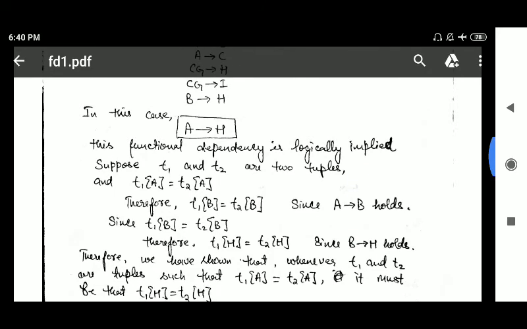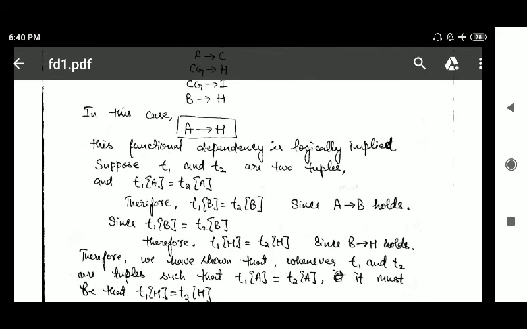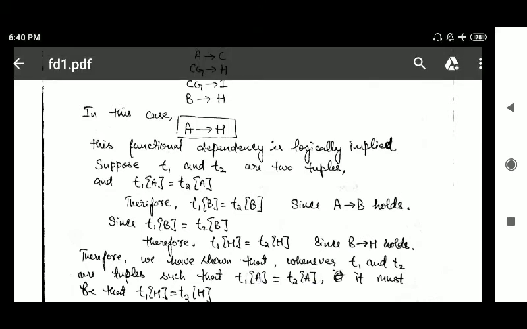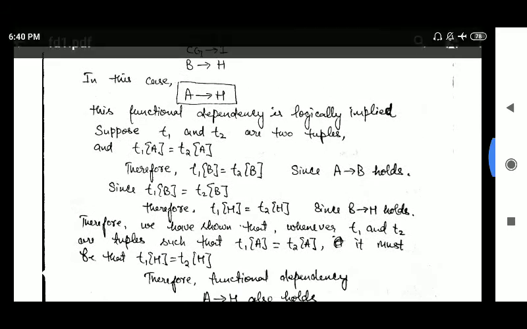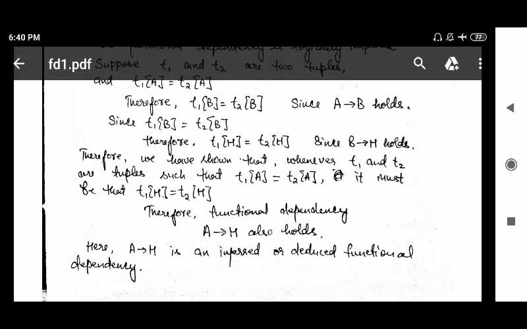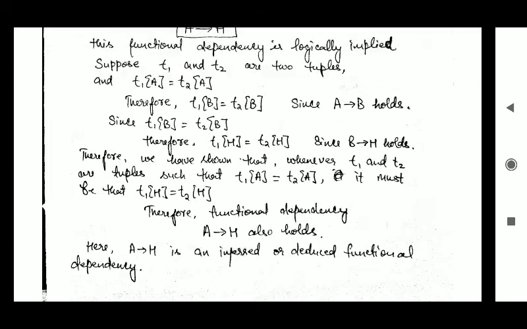Therefore, we have shown that whenever the two tuples T1 and T2 have the same values of A, they will also have the same values of H. Therefore, the functional dependency A implies H also holds. So, here A implies H is an inferred or deduced functional dependency.